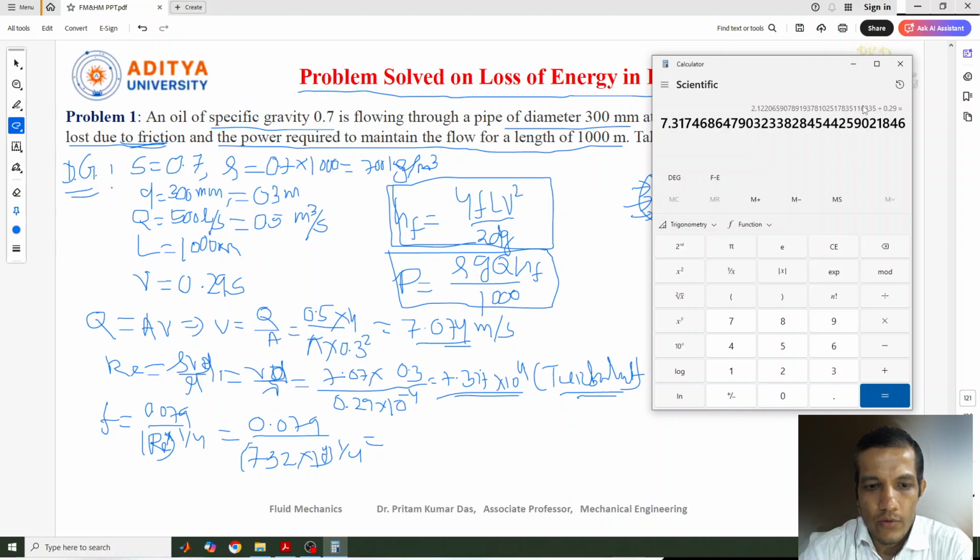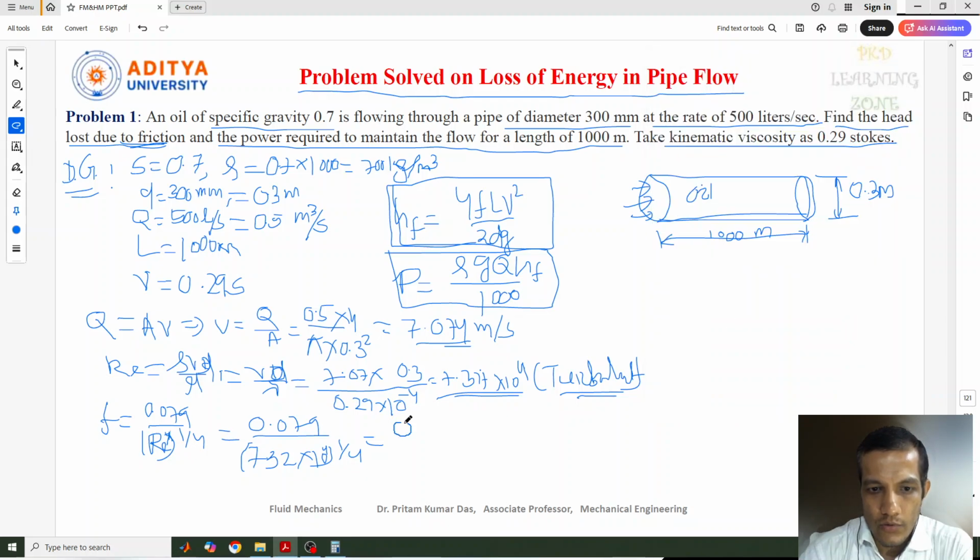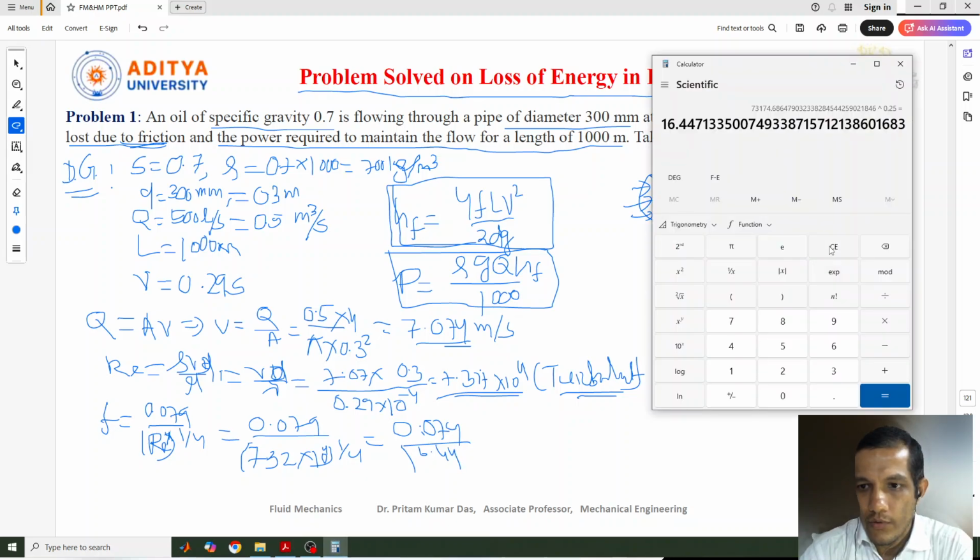This one multiplied by this gives 73,000 something. Now this one to the power 0.25 gives 16.44. So let's write down 0.079 and 16.44.